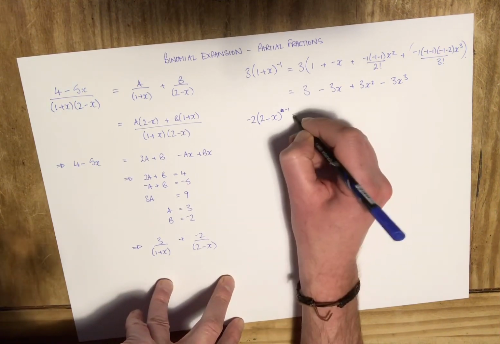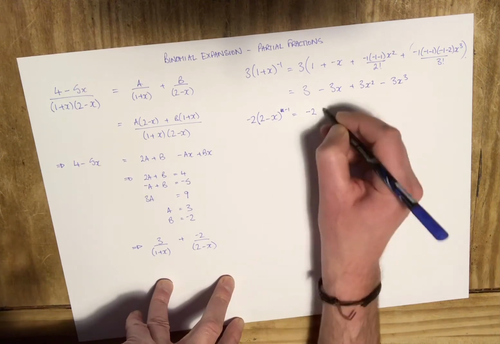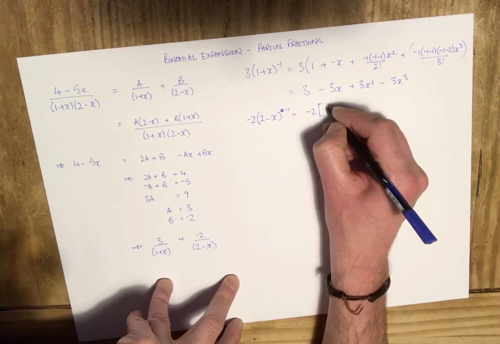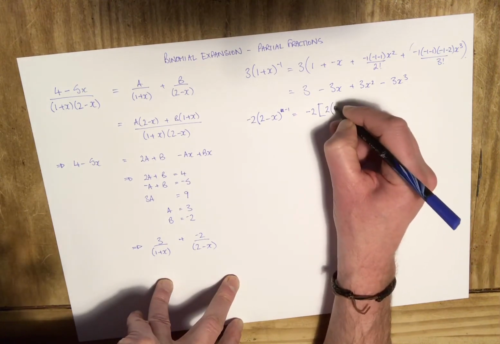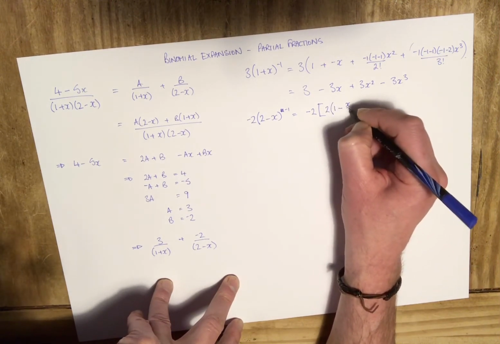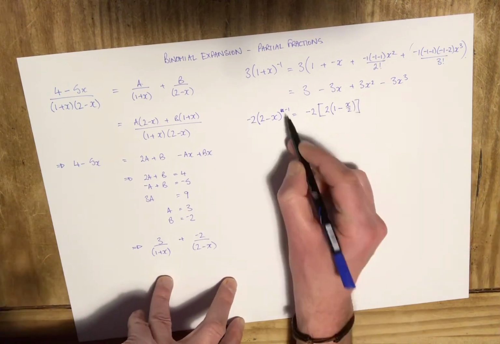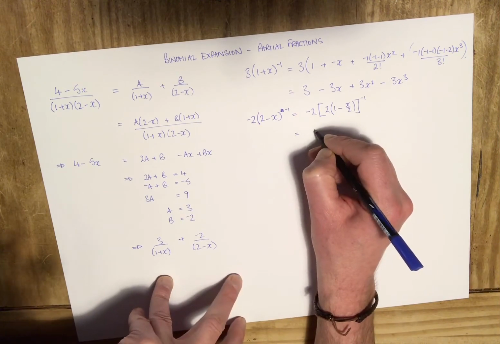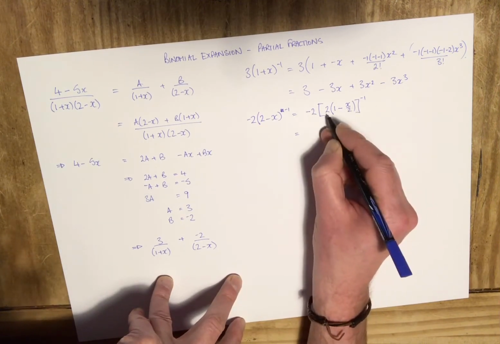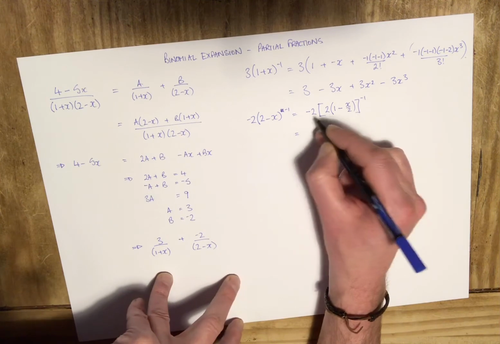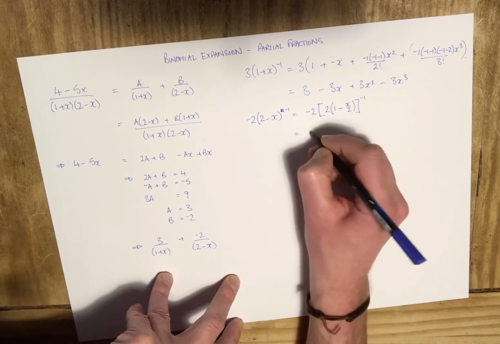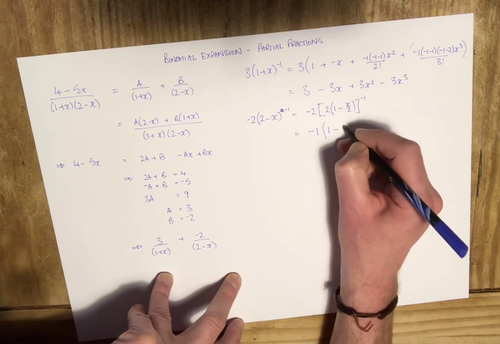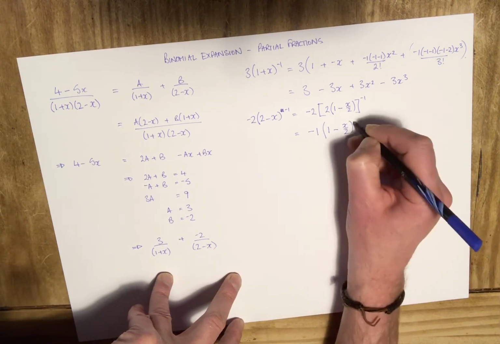So I've got minus 2, taking a factor of 2 out of here. So that's 1 take x over 2, and this thing is to the minus 1, and that's equal to minus 2. 2 to the minus 1 is a half, so it's minus 2 over 2, which is minus 1. Minus 1 times 1 take x over 2 to the minus 1.